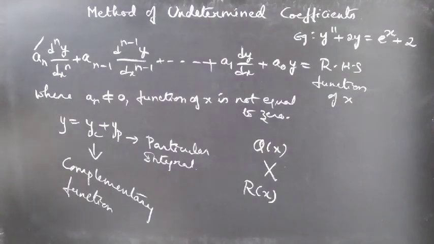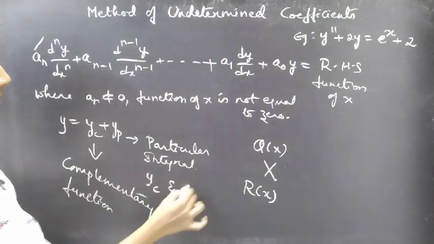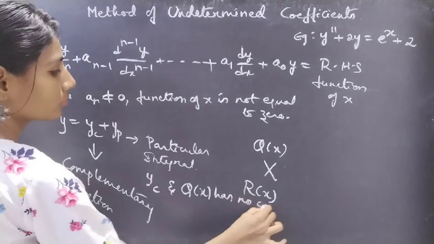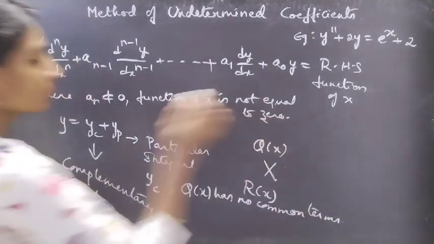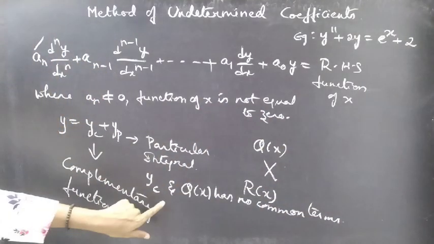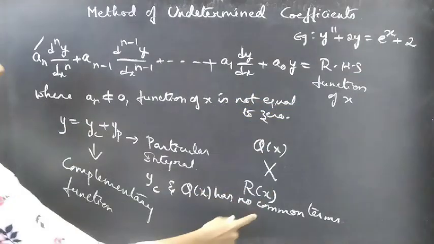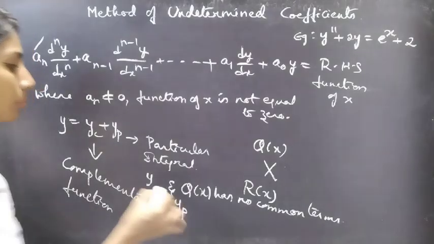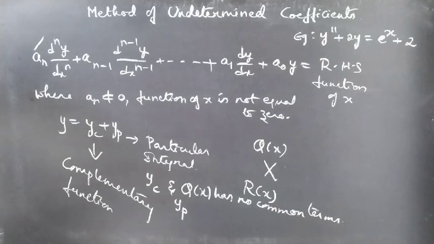So we'll begin with type 1, where yc and q of x have no common terms. If yc and q of x have no common terms, then we'll choose a yp such that yp satisfies the given equation.